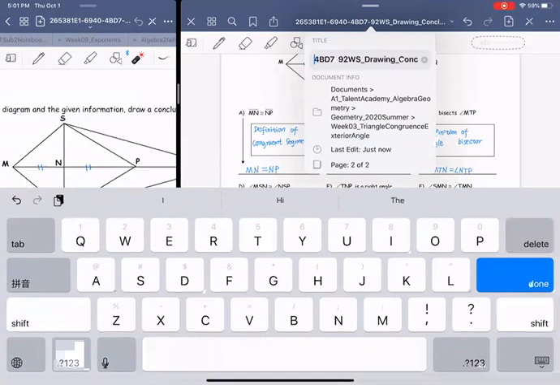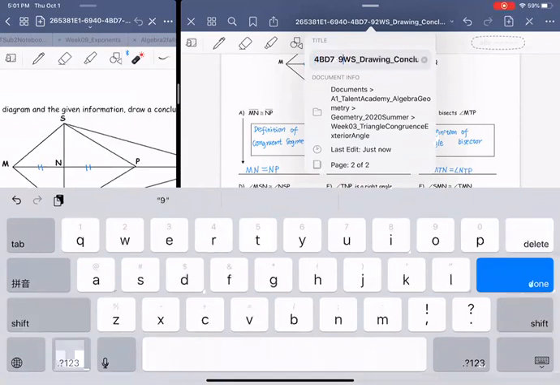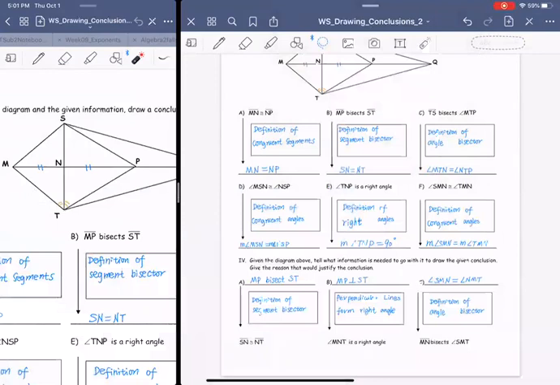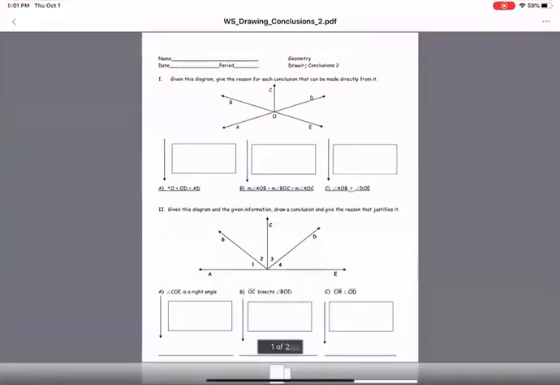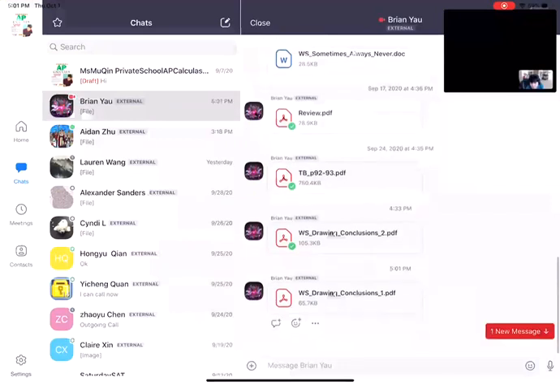Go ahead. Send. There we go, now time to send it. All right, sent it.